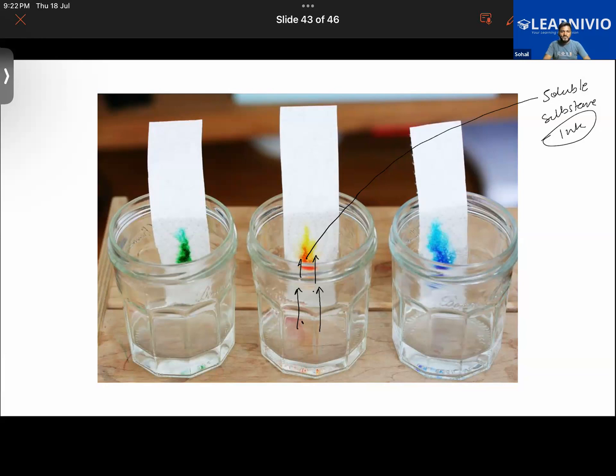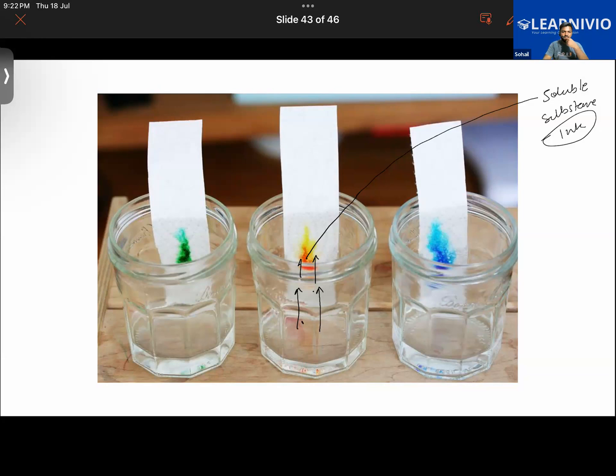Furthermore, what would be the uses of paper chromatography? Sir, to get the chlorophyll from the leaves. Okay, there it would be used. And apart from that, it is used in many other areas. For example, it helps to separate the colors of a substance, to check for water purity, or to check the amount of drug level in something.